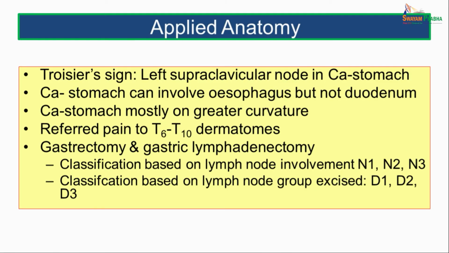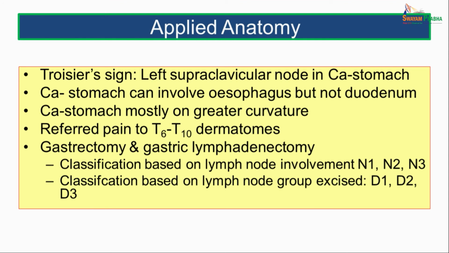Operative procedure for carcinoma of stomach, that is gastrectomy and gastric lymphadenectomy. The involvement of the lymph nodes in a case of carcinoma stomach is classified as 3 types: N1, N2 and N3. In the N1 variety, only the loco-regional lymph nodes which drain the tumor mass are enlarged.